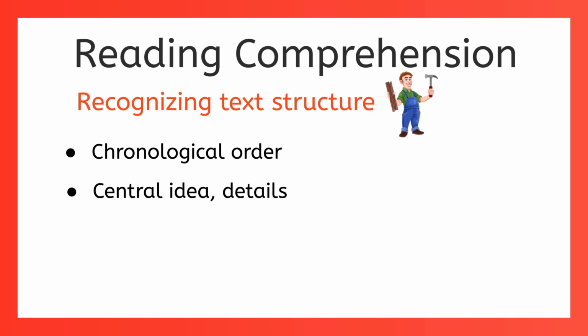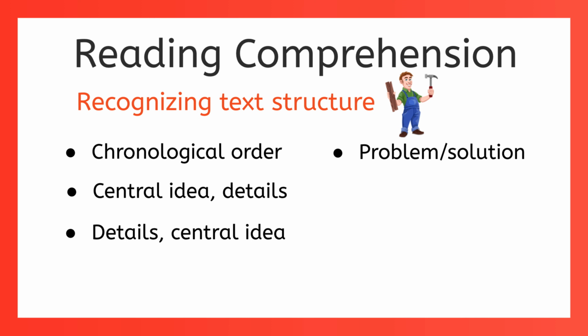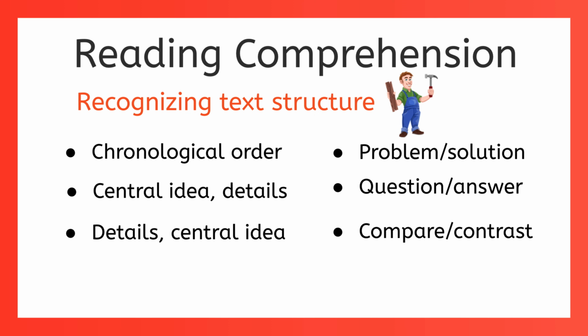Or sometimes they put the details up front and end with the central ideas. Authors sometimes present a problem and then offer solutions, pose a question and then answer it, or write to compare and contrast two different topics. Recognizing an author's text structure will help you comprehend the author's meaning.